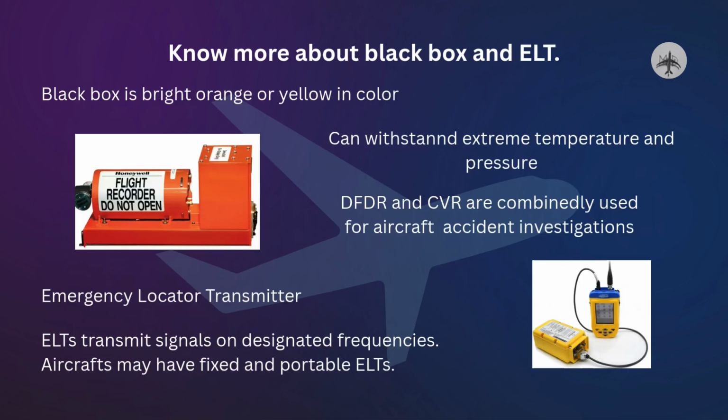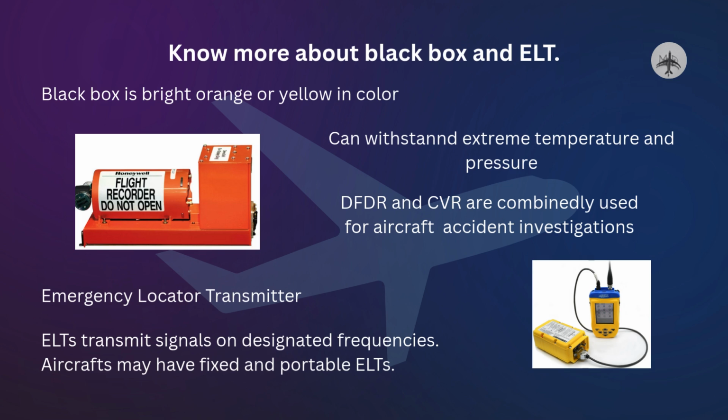DFDR stands for Digital Flight Data Recorder. It is a crucial component of an aircraft's black box that records vital flight data during operation. It captures a wide range of parameters, including airspeed, altitude, heading, engine performance, and control surface positions. These are essential for accident investigations and safety analysis.